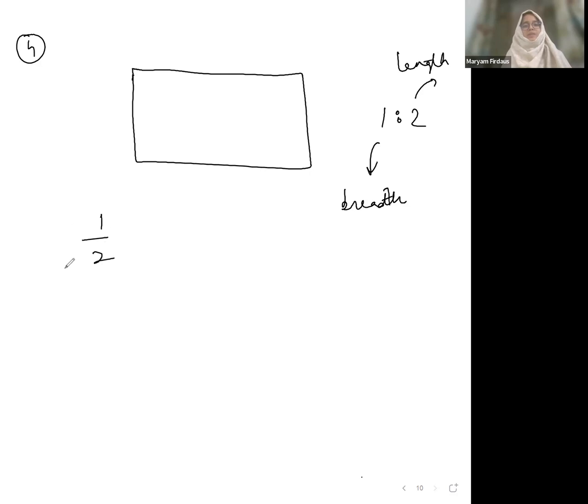1:2 means 1/2. You can write it as a fraction. The relationship between breadth and length should be that of 1:2. That means if the breadth is 1 centimeter, then the length will be 2 centimeters.